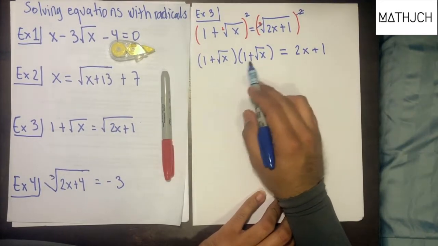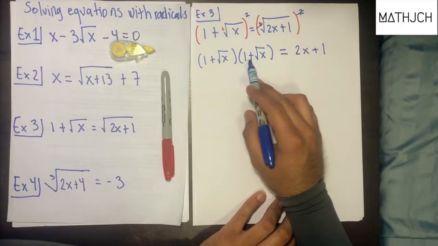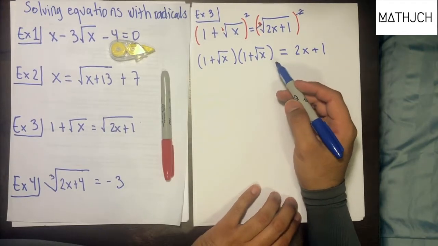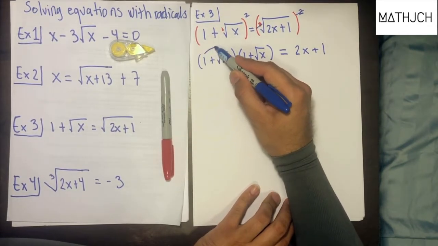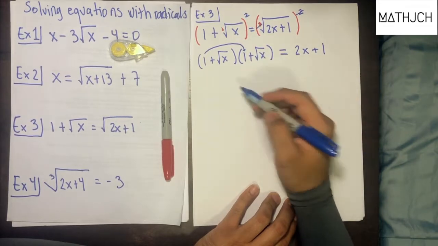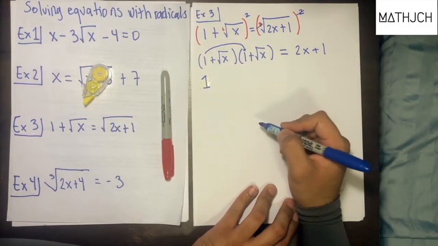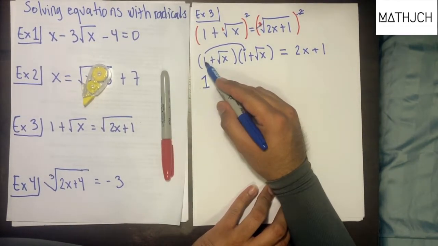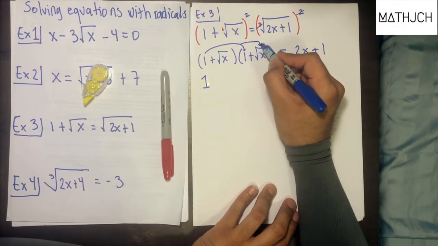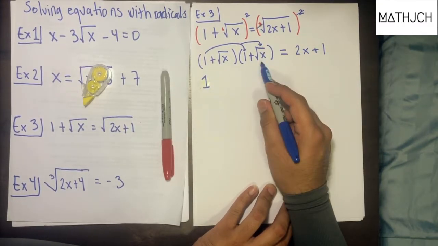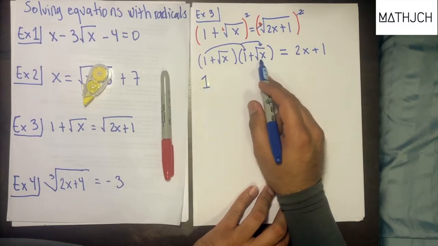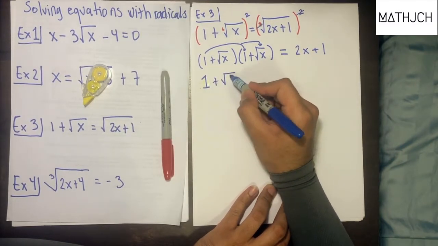Now we have to do a little bit of work here. We're gonna do FOIL. So let's start. 1, we're gonna multiply times 1. That gives us 1. This same 1 is gonna multiply now to the other term with the square root of x. So 1 times the square root of x gives us square root of x.